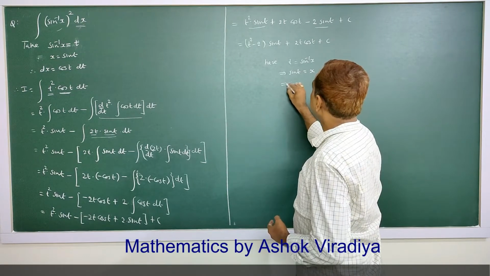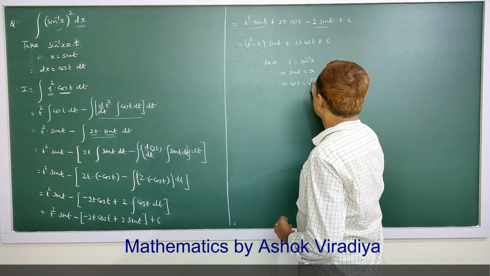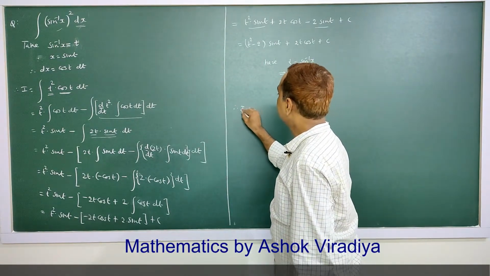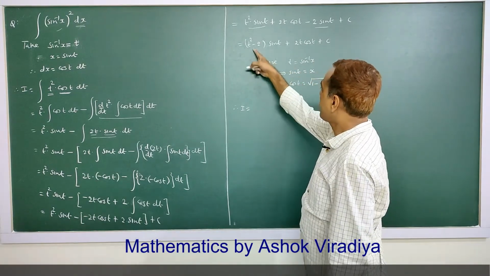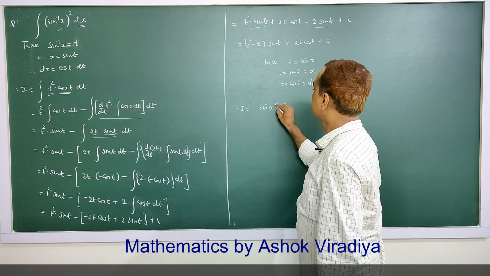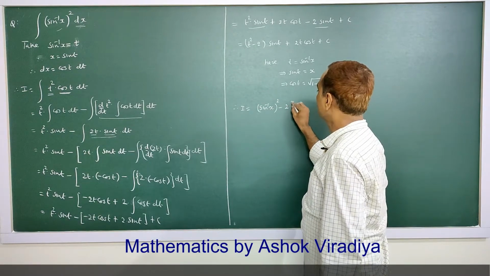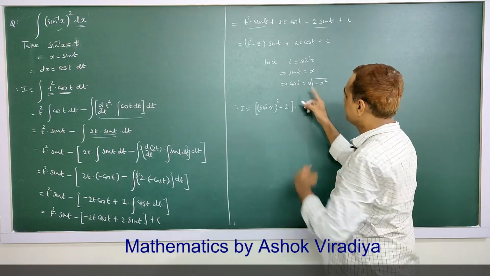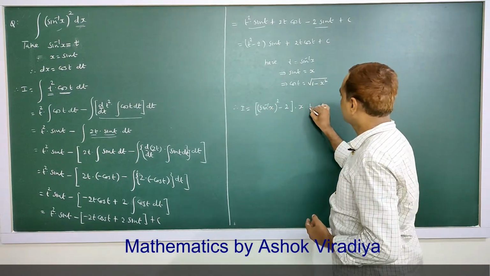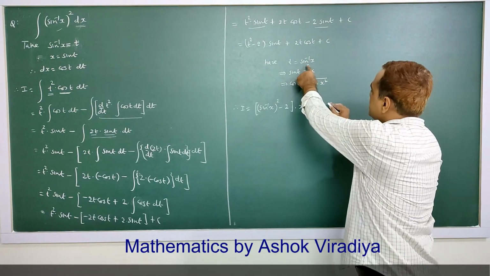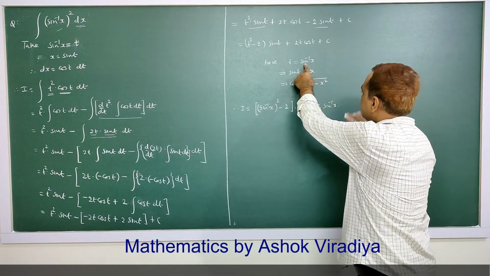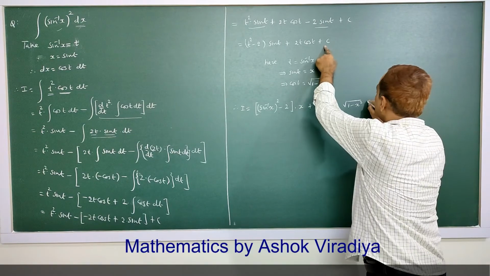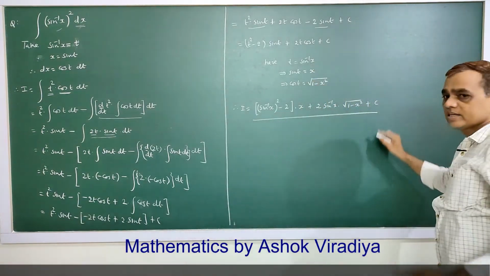And cos t is the square root of 1 minus sin square t. So putting values, the integral is: t square, sin inverse x whole square, minus 2, keep bracket, into sin t, which is x, plus 2t, t is sin inverse x, into cos t, cos t is root 1 minus x square, plus c. So this is the required integral.